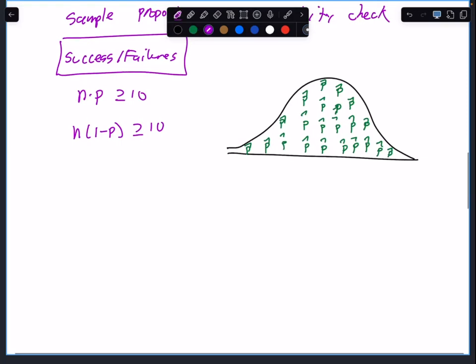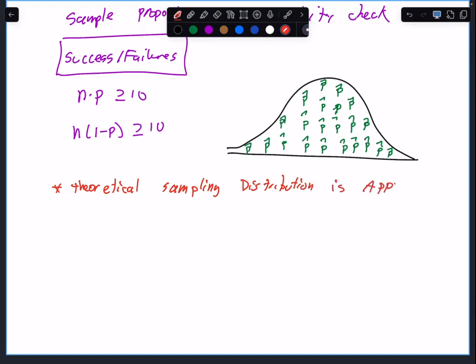Now, in reality, what we're saying is that the theoretical sampling distribution is approximately normal.